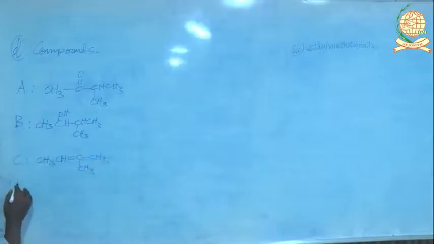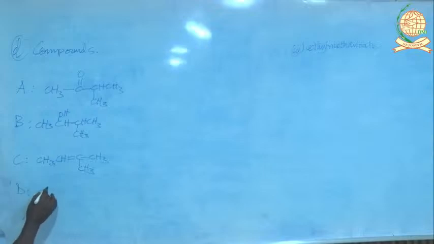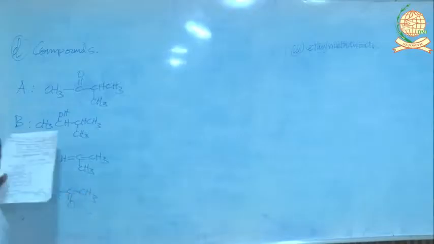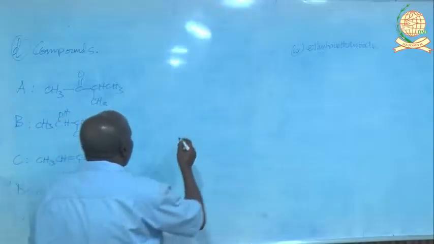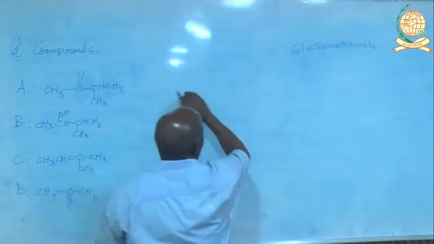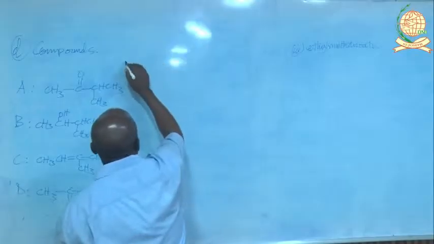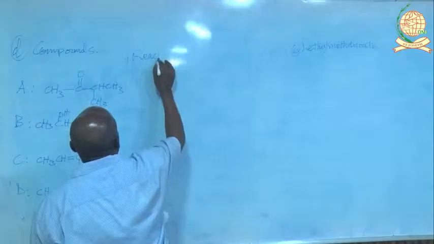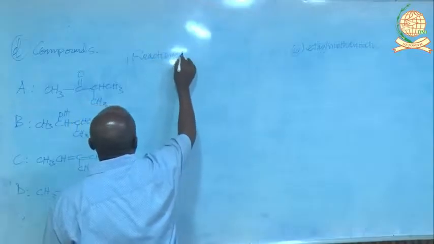Then compound D is CH3, double bond, CH3. Now reactions. These are the reactions which took place during these processes.